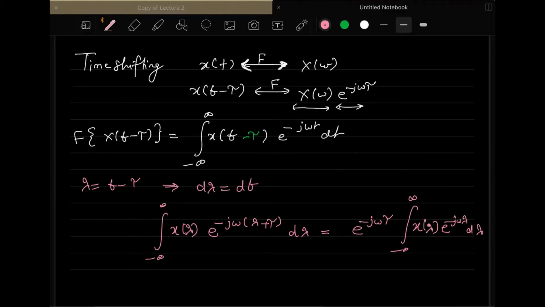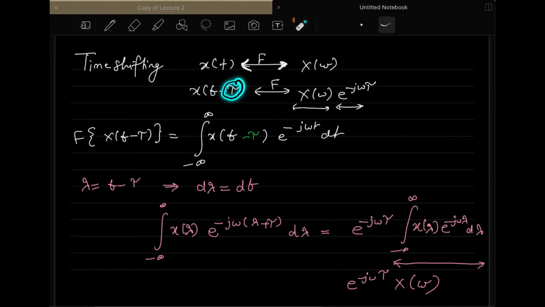This is simply the Fourier transform of x, so you can write it as e to the power minus j omega tau X(omega). So if you shift the time domain signal by an amount of tau, the magnitude of the corresponding Fourier coefficients will remain the same, but the complex number is changed by a factor of e to the power minus j omega tau. So this is the time shifting property in the case of Fourier transforms.